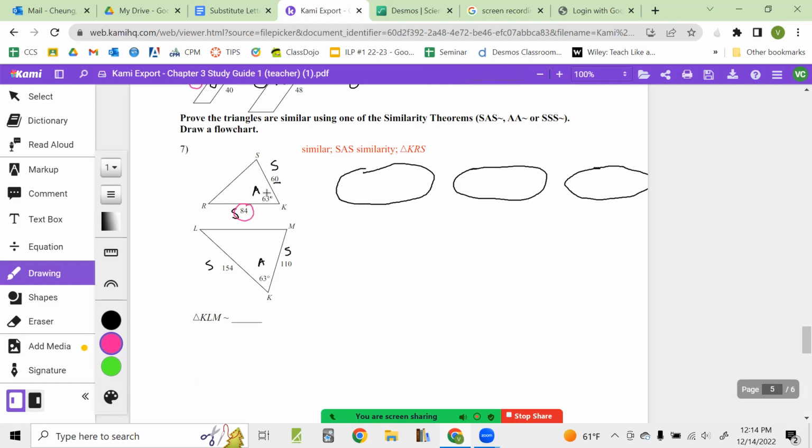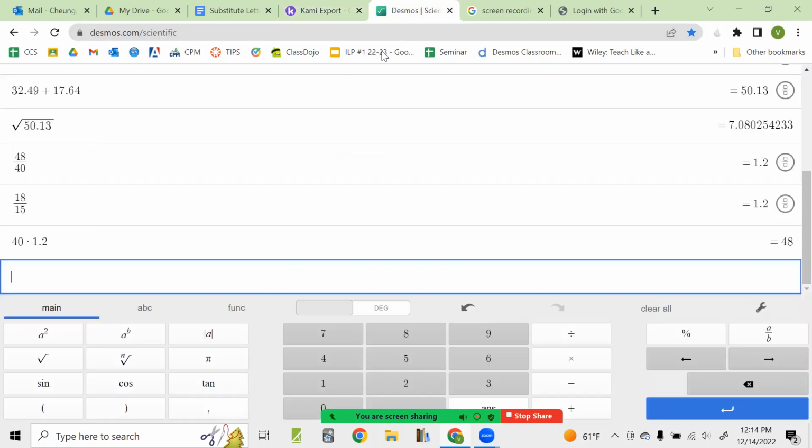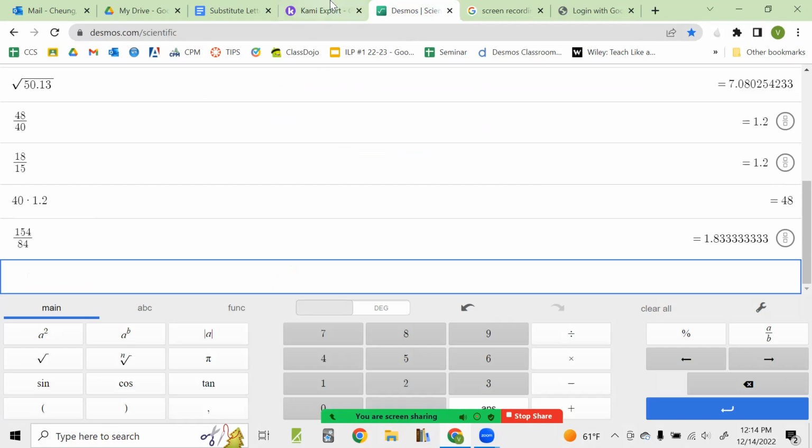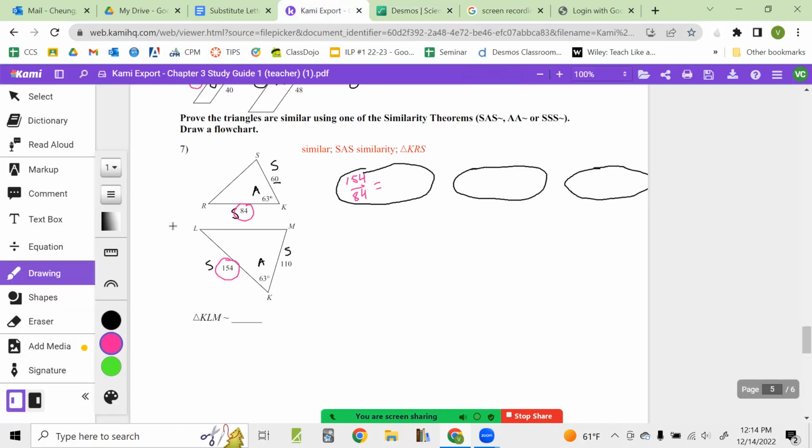That's big, right? 84 is bigger than 60, and then 154 is bigger than 110. So I'm going to just try 154 divided by 84, and let's see what I get. 154 divided by 84, 1.83, repeating.